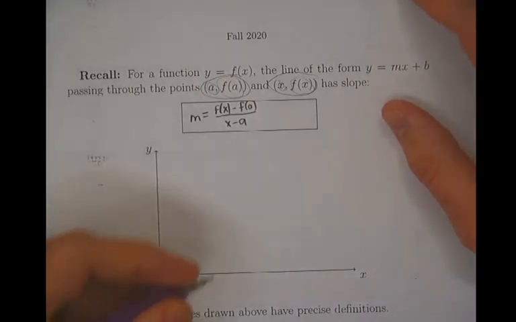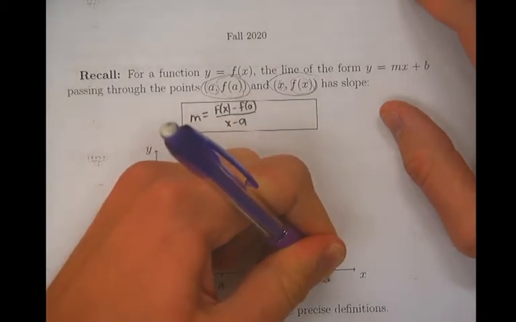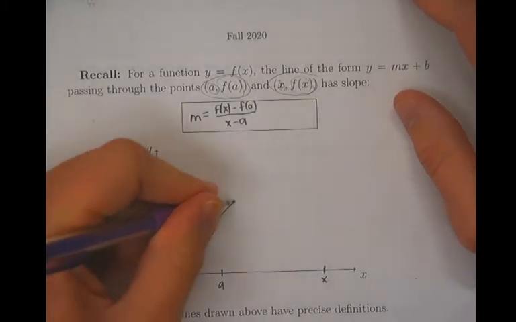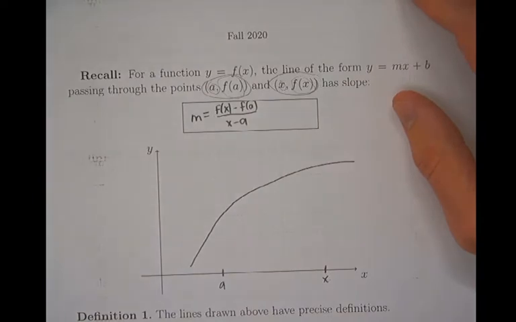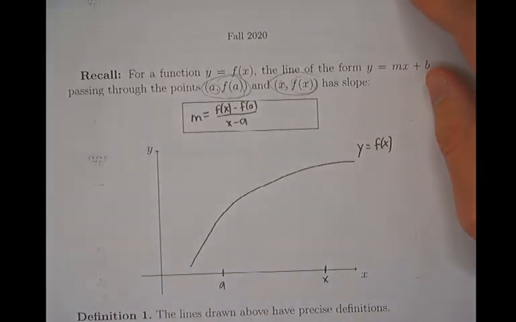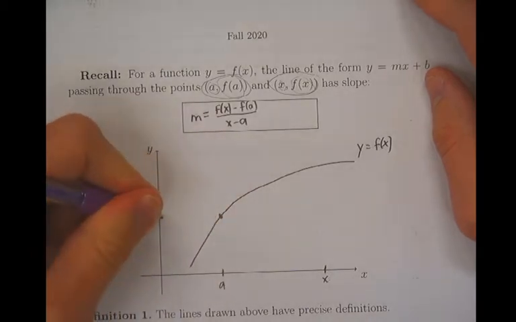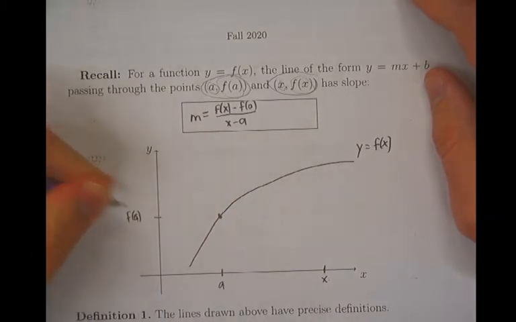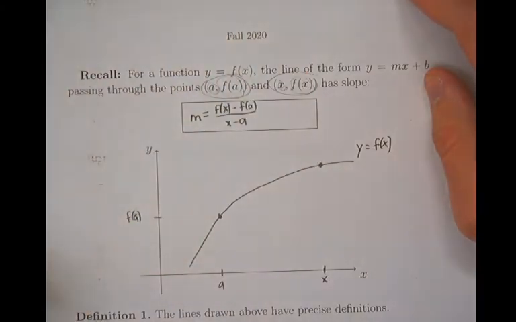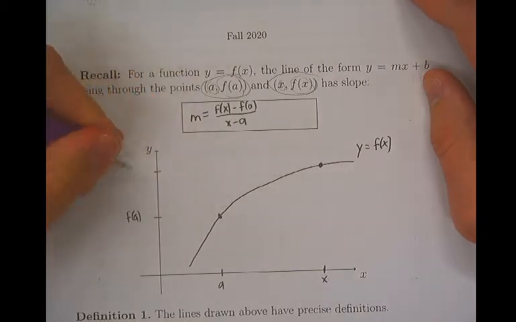So graphically speaking, let's see what that looks like. Let's put a here, and then let's put x all the way over here. Say the graph looks like that. That's your y equals f of x. In this case, we have a, which is right here, so f of a will be right here. And then x will have height up here, f of x up here. So your height here is going to be right about here. So f of x.